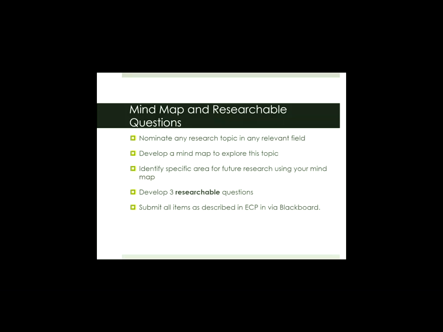We then want you to develop a mind map exploring the research issues around that topic, and from that identify a specific area that could be a topic for future research. From that, we want you to develop 3 researchable questions. Next week we'll talk a bit more about what makes a question researchable. Then you submit your mind map as described in the ECP, via Blackboard.